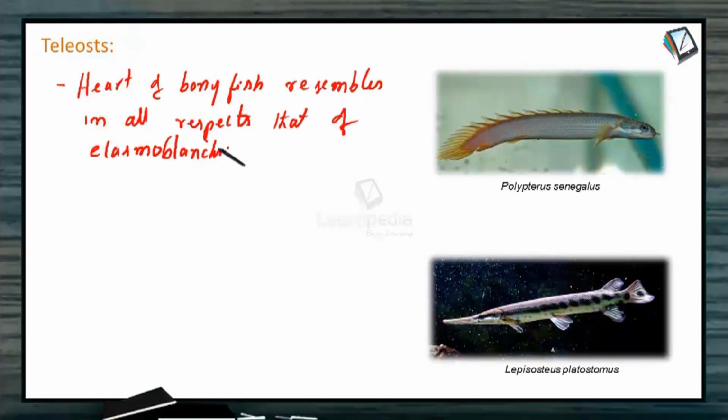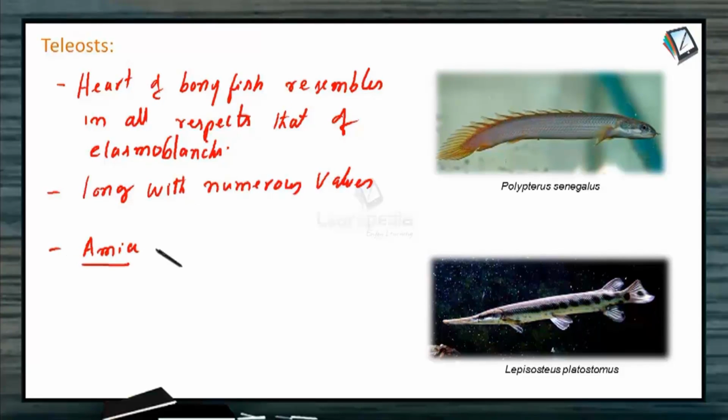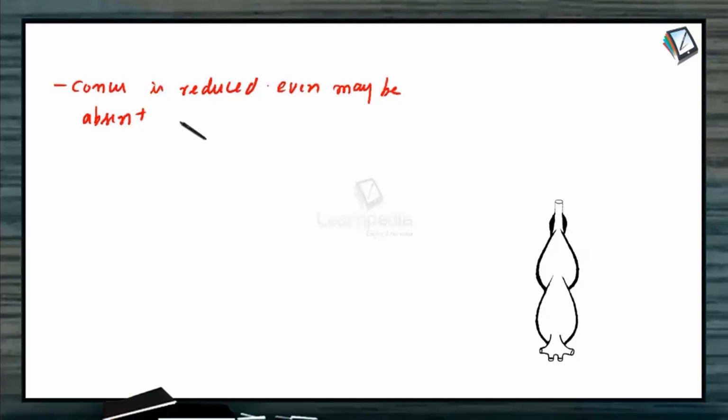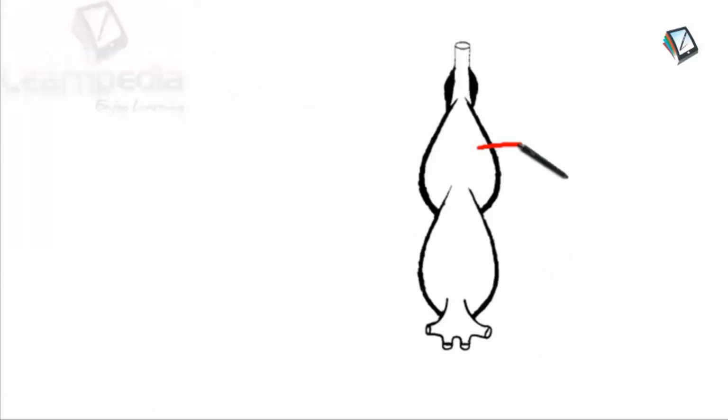In some chondrostei, for example Polypterus, and holostei, for example Lepidosteus, the conus is fairly long with numerous valves. In the case of Amia, the conus arteriosus and its valves are reduced. In teleost fishes, during evolution, the conus arteriosus is reduced, may even be absent and fused with the ventricle. So this one is the ventricle.